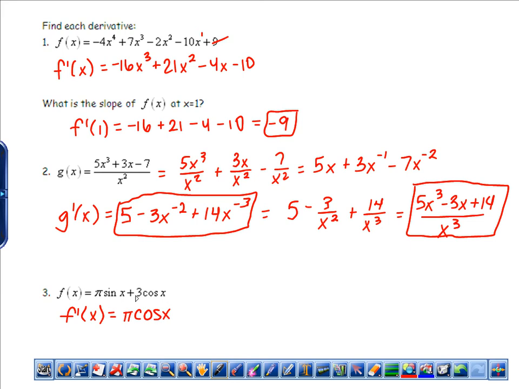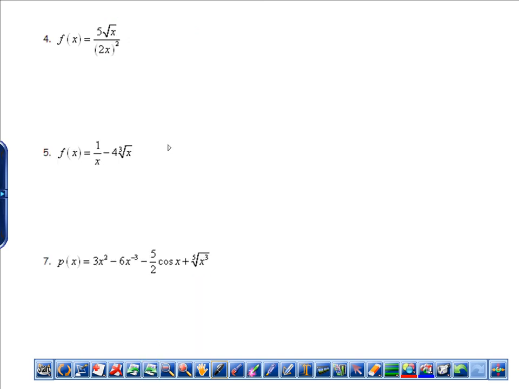All right, 3 is another constant, so I get to just multiply 3 times the derivative of cosine. What was the derivative of cosine? Negative sine, so this becomes -3 sine x. And this is going to feel a little strange, but you will get used to it and it will become just one of those things that's easy for you. Just takes a little bit of practice.